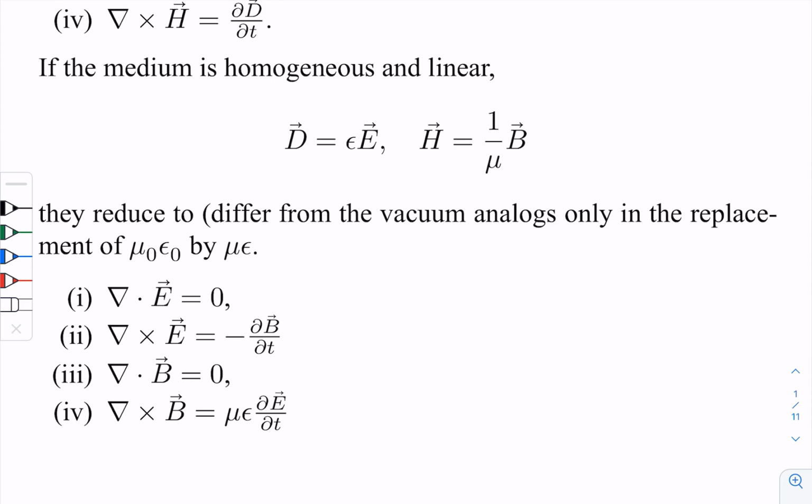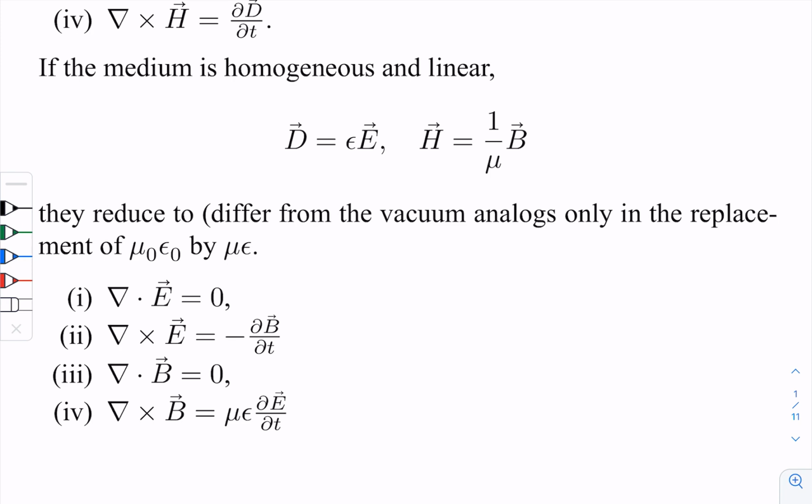So they are exactly identical to the Maxwell's equations in vacuum, except that you need to replace the constants mu naught epsilon naught by mu and epsilon.